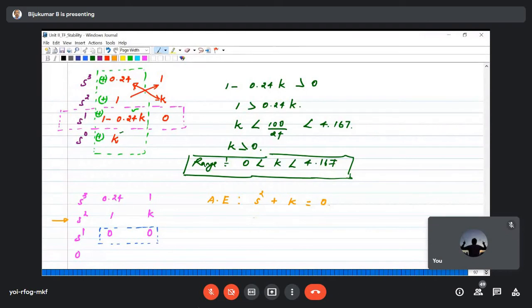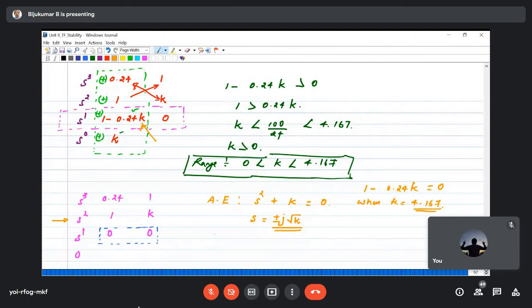So how can we find the poles? The poles will be plus or minus j root K. But what is the value of K? At what value of K does this become 0? 1 minus 0.24K is equal to 0 when K equals 4.16.